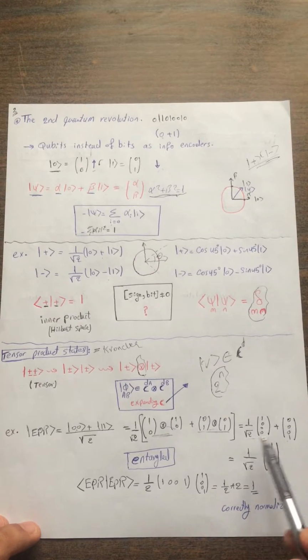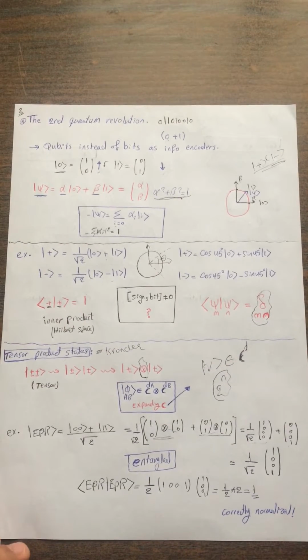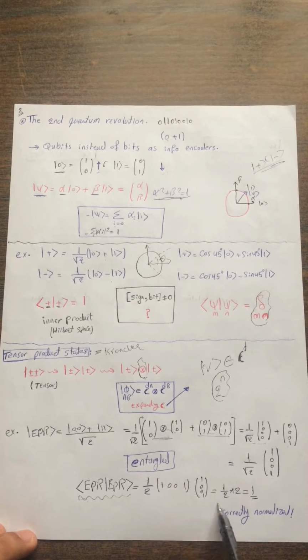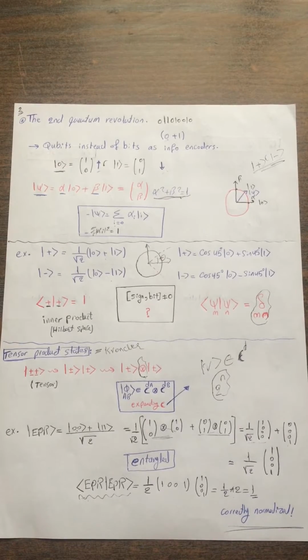So you get an entangled state that looks like this. Let's make sure it's correctly normalized. If you take the EPR pair and overlap it with itself, the inner product, you find it's half multiplied by half, which is equal to 1, so it is correctly normalized.